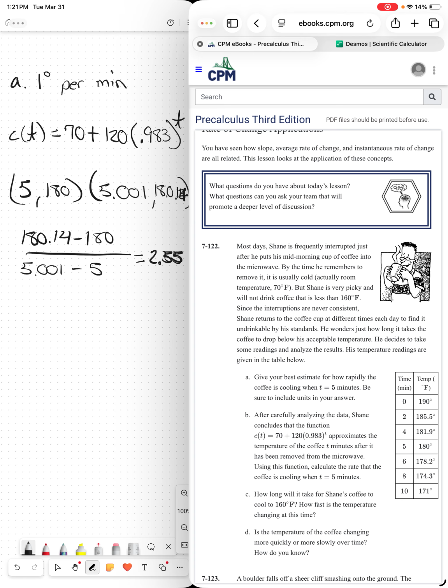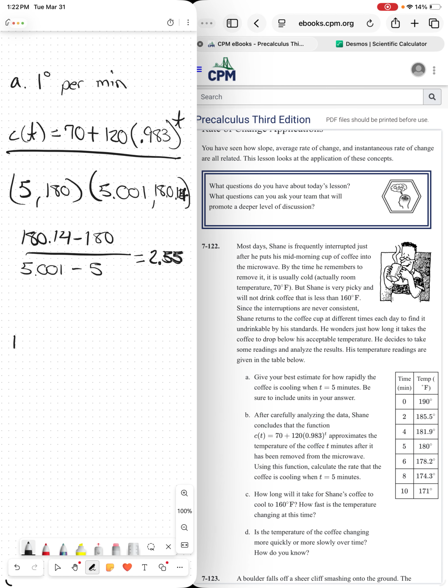Okay. How long will it take for Shane's coffee to cool to 160 degrees? So what we would do there is take this equation and we would solve for 160. So you got to have a calculator because you got to be able to do a logarithm here. But we're going to subtract 70. Should get 90.